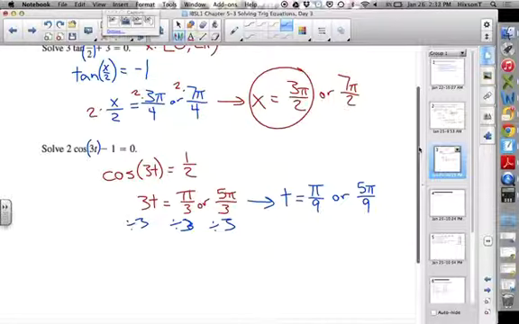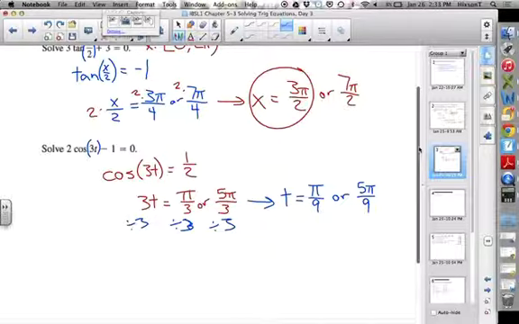And the other thing is, could there be another one since that's so small? Well, not if I'm going 0 to 2 pi. Here's the thing, if we were going, say, 0 to 3 pi, then we might have another answer in that range.